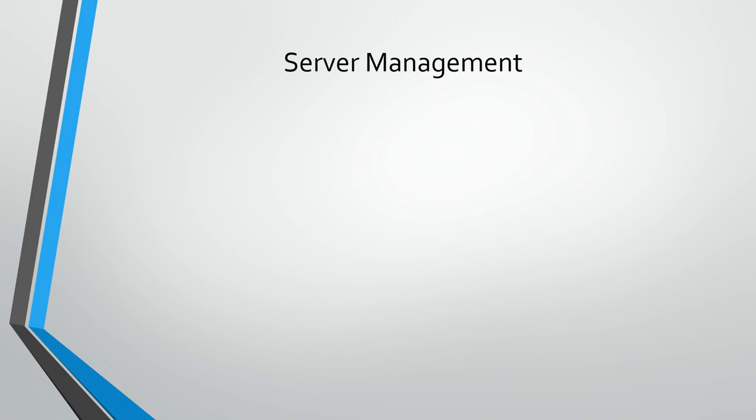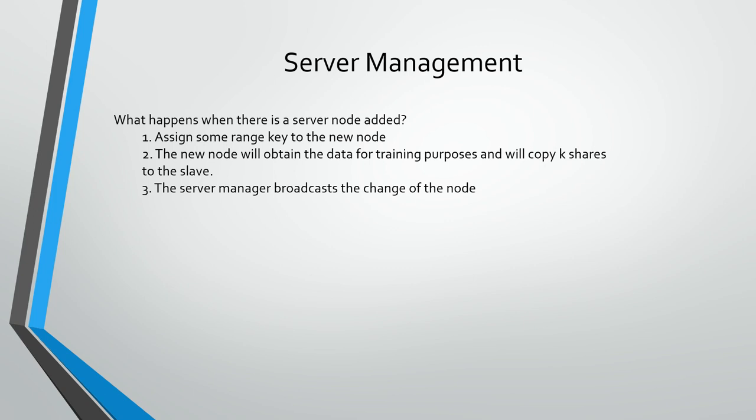First, the server manager will assign some key range to the new node, which will cause changes to the key ranges of the other server nodes. Then the server node will obtain the data for training purposes. Finally, the server manager will broadcast the changes of the node. Receivers may receive data that is no longer theirs and submit unfinished tasks to the node.